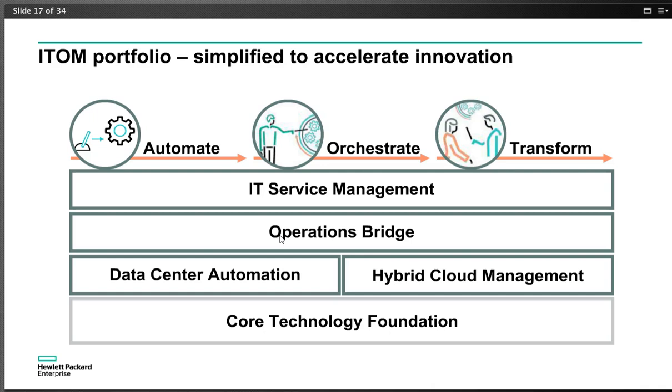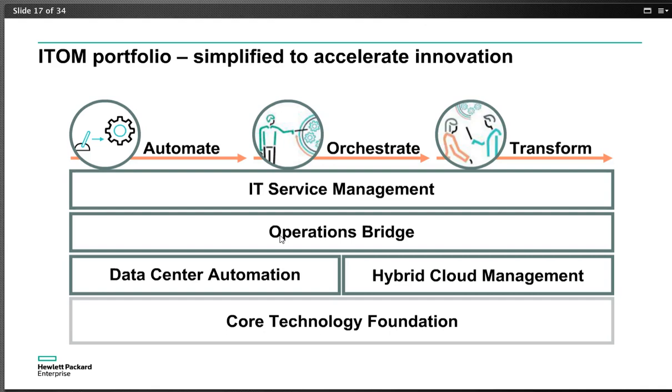Specifically, IT operations management now brings to market four separate suites. There are IT service management for service desk space, help desk space, operations bridge for the monitoring silo of IT, as well as being the event consolidation layer for the IT. And then Data Center Automation Solution, which we'll talk a little bit more about going forward, primarily targeted towards infrastructure management lifecycle. And lastly, the Hybrid Cloud Management Suite, driving the cloud management platform for IT operations management.